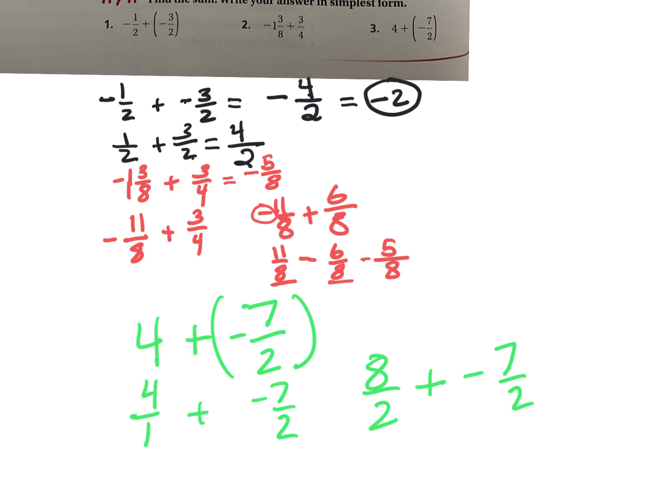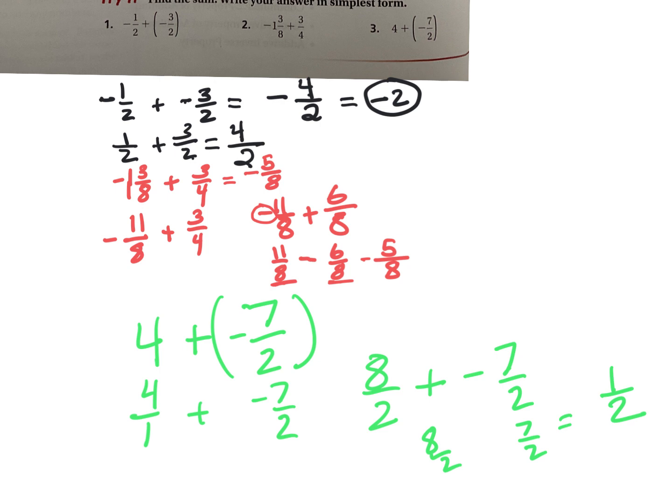Get the absolute value of each one. 8 halves, 7 halves, and then I'm going to subtract the smaller one. So I take 8 halves and I take away 7 halves. It leaves me with 1 half. Now I got my number, I just need to figure out what my sign is.